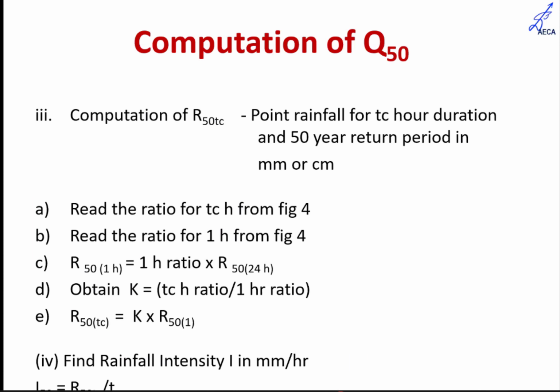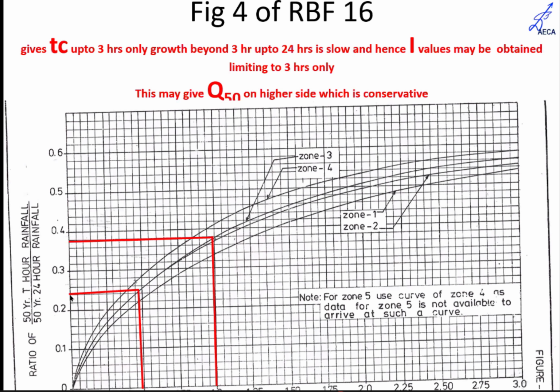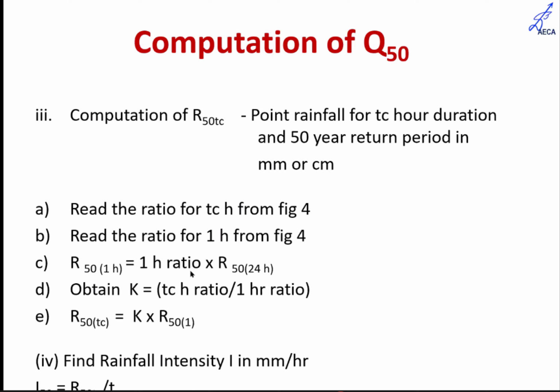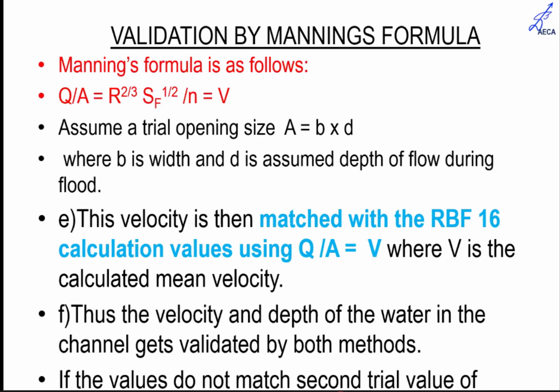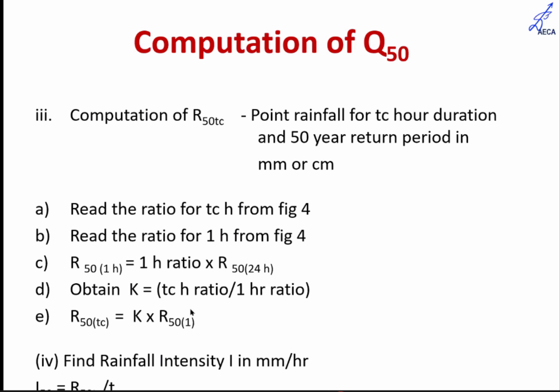For the TC value which we work out from (L squared by H) raised to 0.3, we get a TC of 0.48, and corresponding to that, this ratio comes to 0.25, and the 1 hour ratio comes to 0.38. So you get the conversion ratio, which is the TCH ratio divided by the 1 hour ratio, and then the point rainfall for TC hours duration can be worked out by multiplying this conversion ratio with the point rainfall for 1 hour duration.